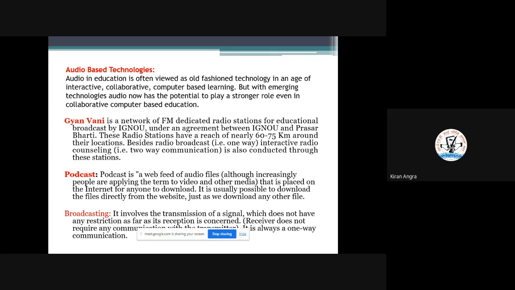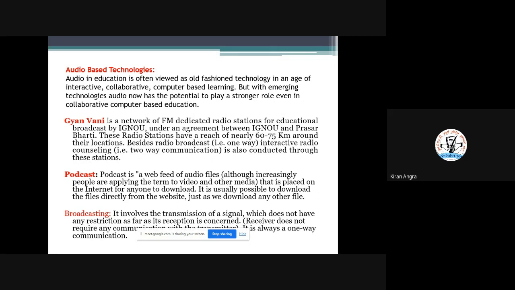Let me bring you to Gyanvani. It is a network of FM radio stations dedicated to educational broadcast. IGNOU has also taken this technology into account, and there is an agreement between IGNOU and Prasar Bharati.